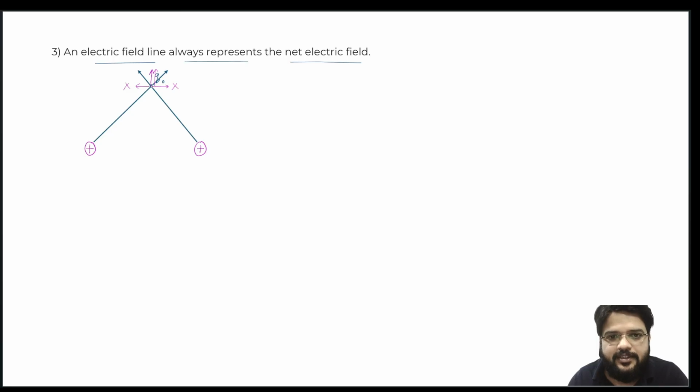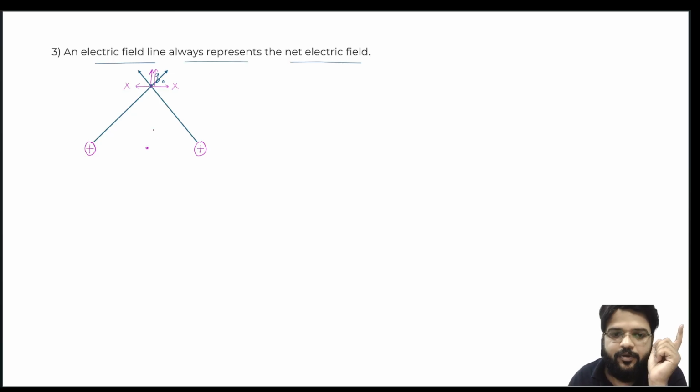So you can see here at this point, the net electric field is present in the upward direction because the net electrostatic force is acting in the upward direction. So force is acting in the upward direction, and in the same direction we have the electric field also. All right, so at this point the electric field line is going in the upward direction. Now we will see what will happen at the center of these two positive charges.